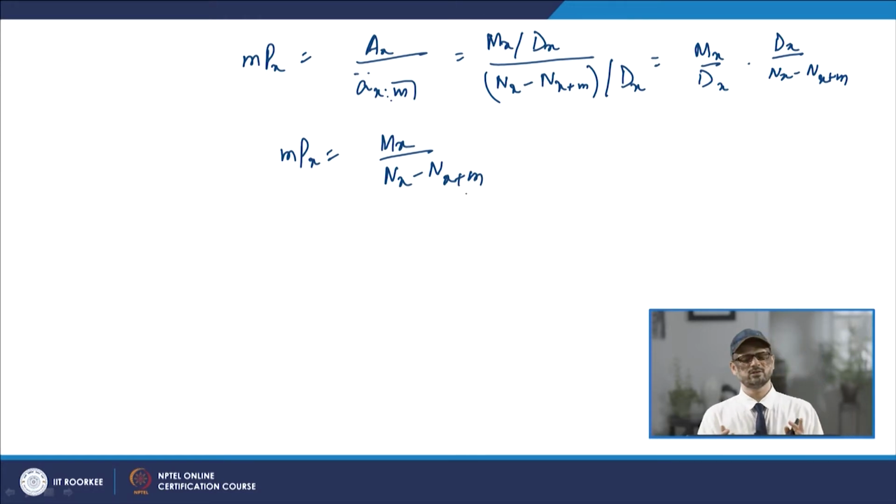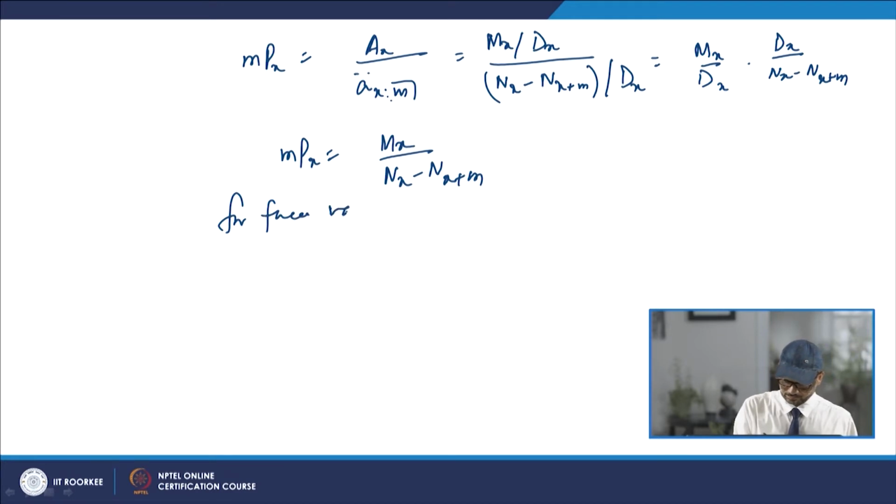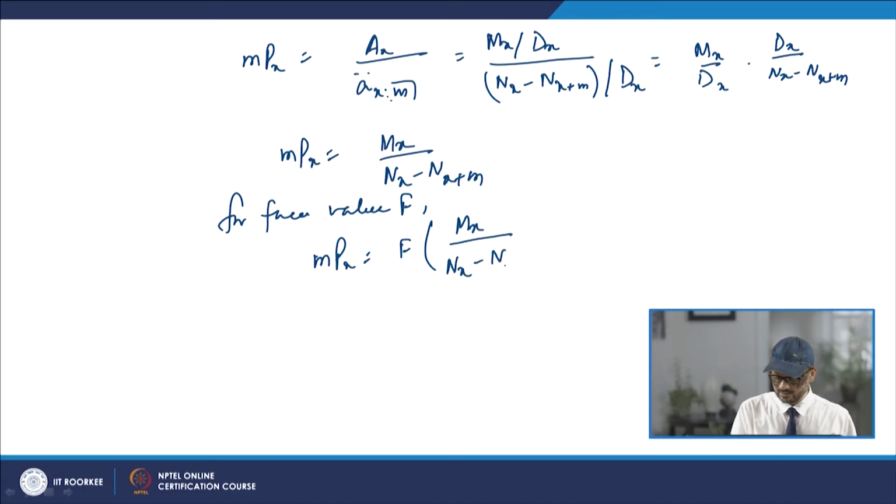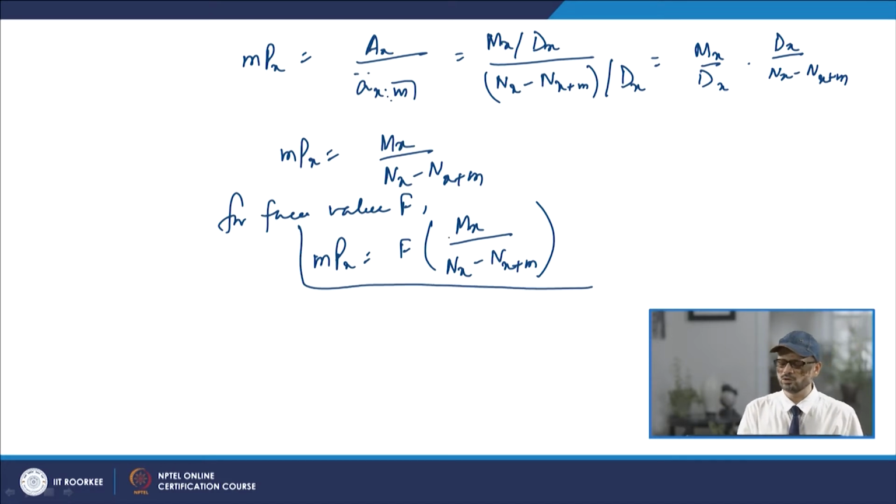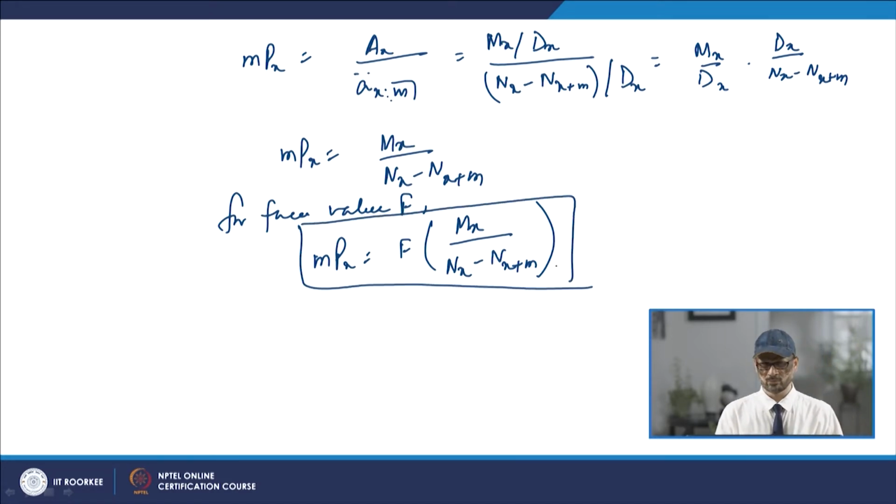So, this is for the $1 face value. For face value F, you will write MPX will be F into Mx divided by Nx minus Nx plus M. So, this is how you are going to calculate the value when you have to pay only for M payments and you want a certain face value.